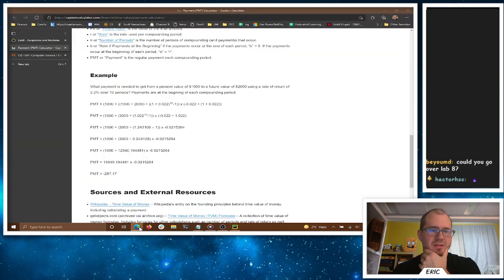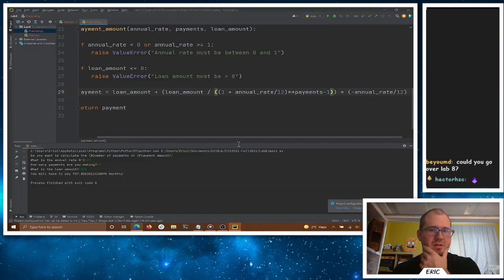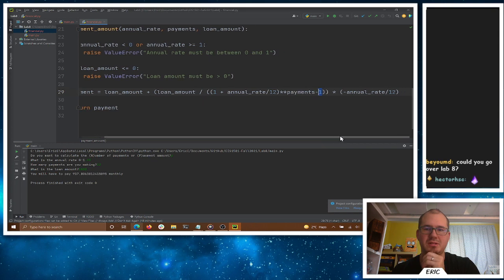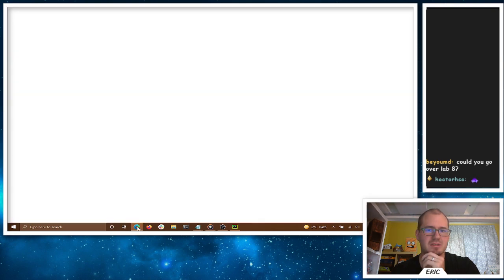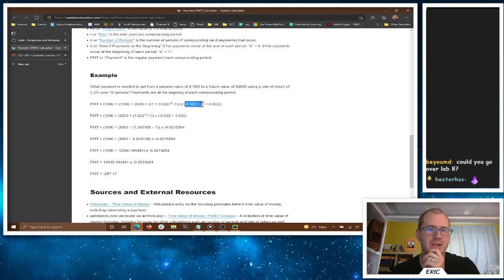Amount divided by 1 plus the annual rate divided by 12 to the number of payments, minus 1, times our annual rate, negative annual rate divided by 1, so it did nothing there.